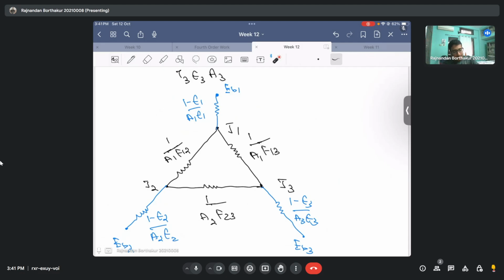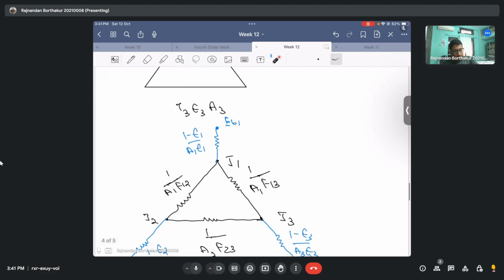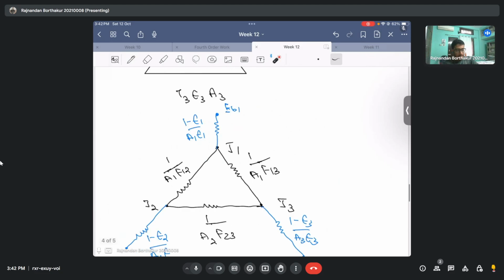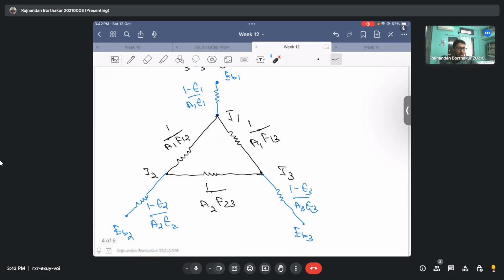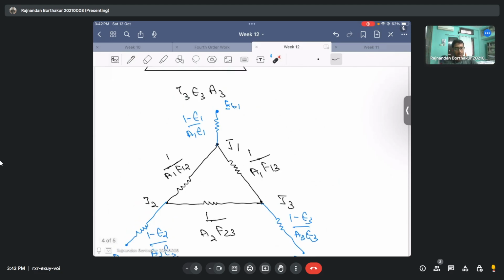For instance, if my surface 1 is a black body, meaning epsilon 1 is just equal to 1, I no longer have this surface resistance, meaning my resistance network would just start from this node itself, and my J1 would be equal to EB1. That's it. These are kinds of simplification that you need to do as per the problem statement at your disposal.